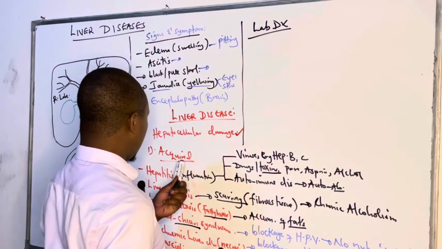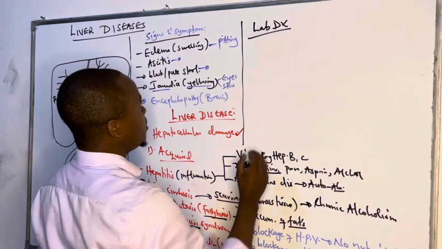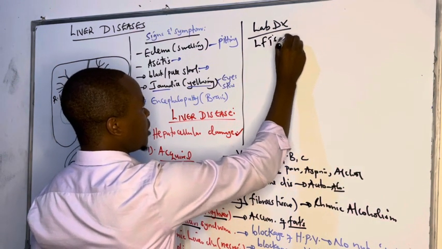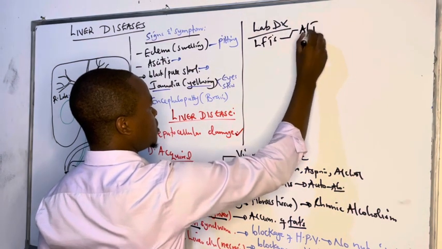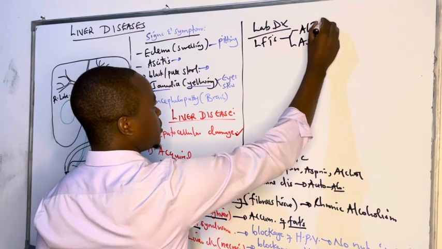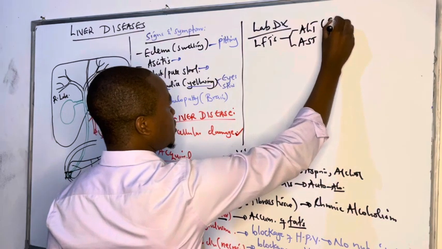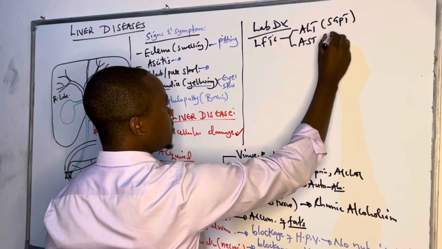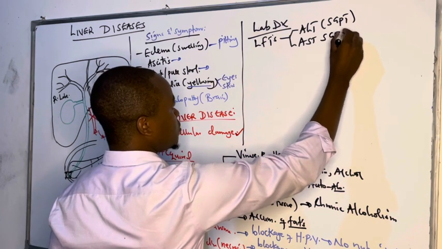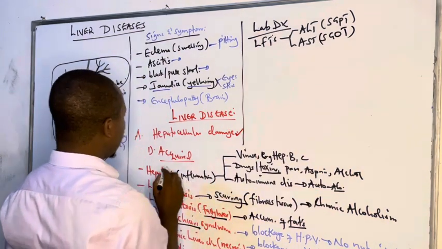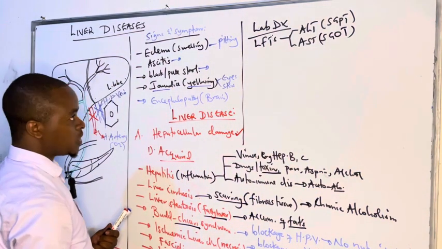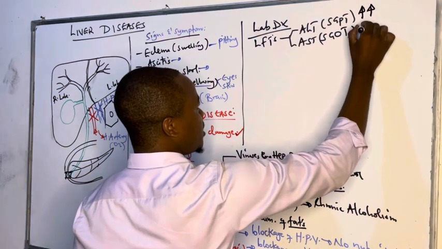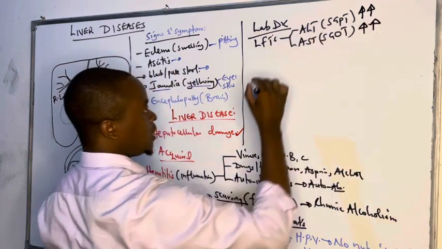In the lab diagnosis, you can confirm them. In case you are suspecting hepatitis, the first test we do is LFTs. In LFTs, we are looking at ALT and AST. Previously ALT was known as SGPT, serum glutamate pyruvate transaminase, and AST as SGOT, serum glutamate oxaloacetate transaminase. Whenever there is hepatocellular damage due to these causes, we see high elevation of both ALT and AST.